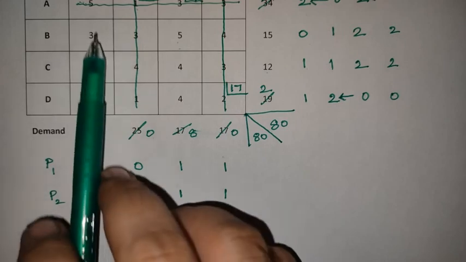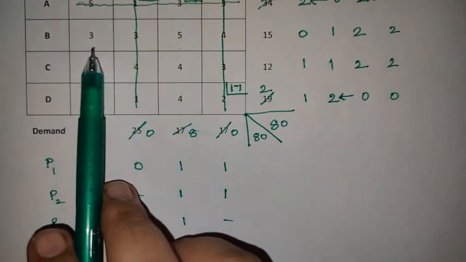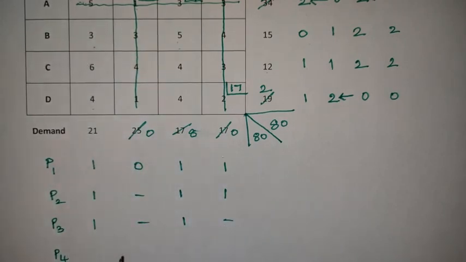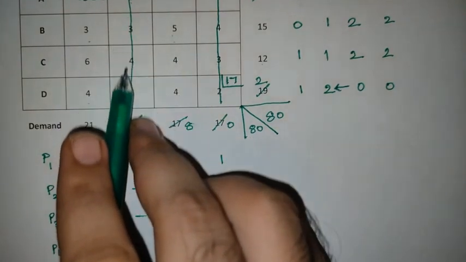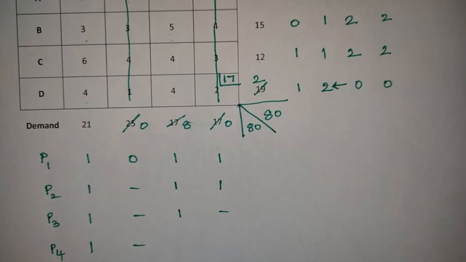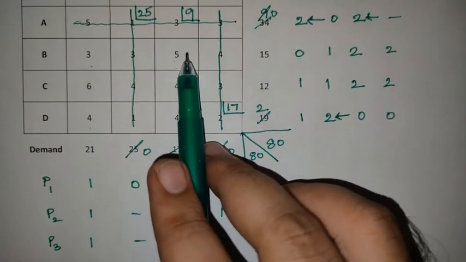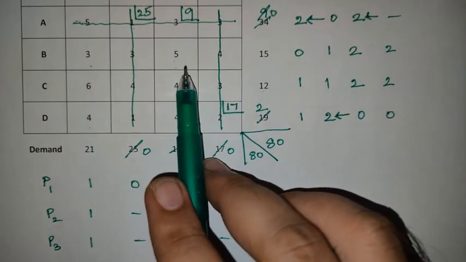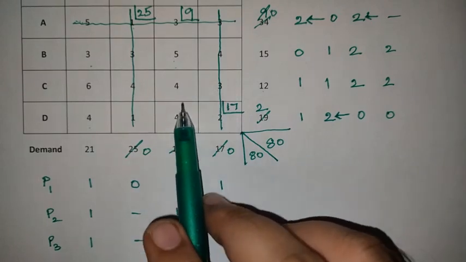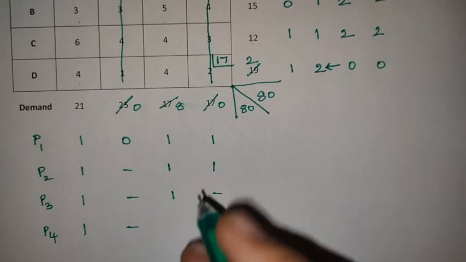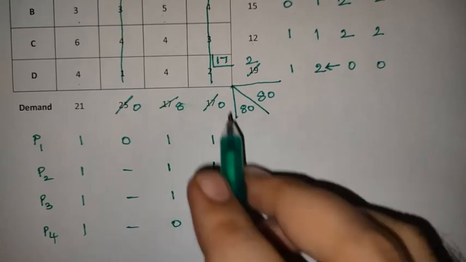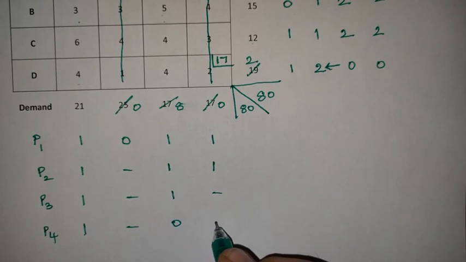So in this column 3 6 4, the first two minimal are 3 4, so the difference is 1. Column Q is not there, hyphen. So now in this column the difference is in between 5 4 4, the minimal values are 4 4, so the difference is 0. And then column S is already struck off, so hyphen.